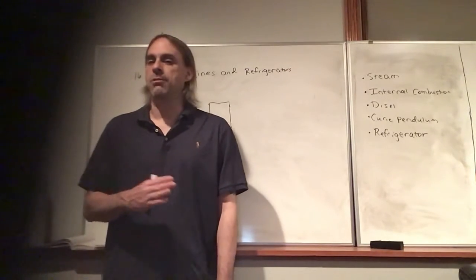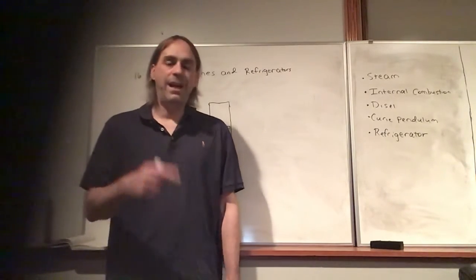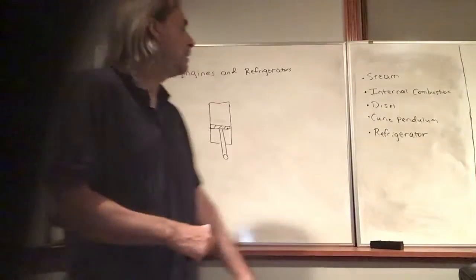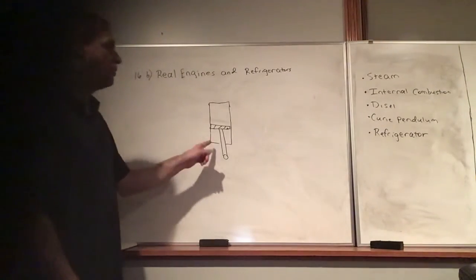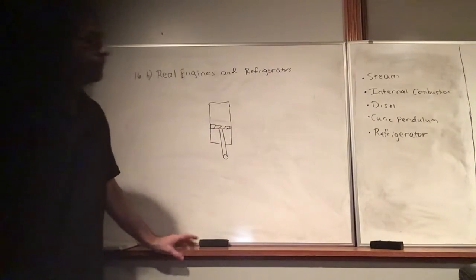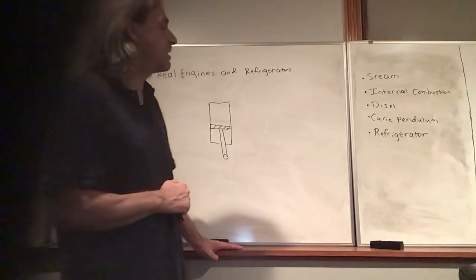Even if you're not going anywhere, you're just idling, it's probably around 1,000 RPMs. Your engine has to be going a certain speed to maintain, or to just continue operating. If you try to go too slow, it's not going to work. And so yeah, you're only producing power during one part of the cycle.